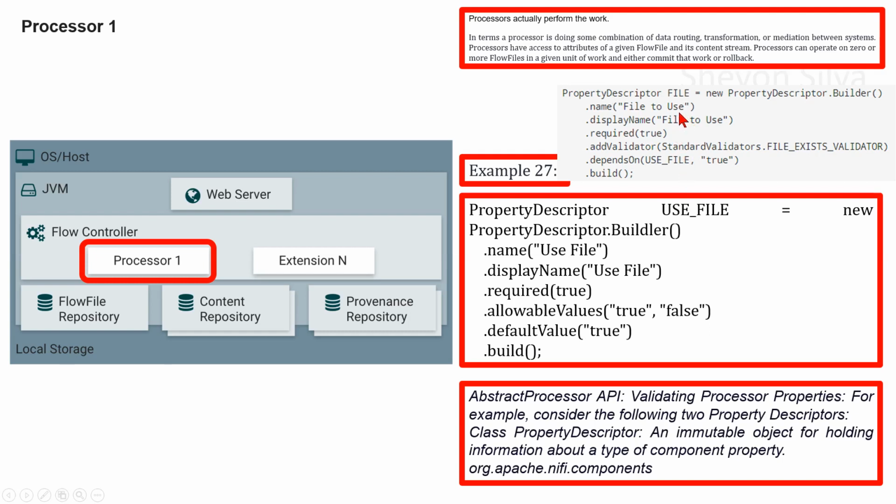As a result, the file to use property will not be considered in the validation. Therefore, if use file is set to false and file to use has no value set, the processor will still be valid even though file to use is required. It is only required if use file is true.